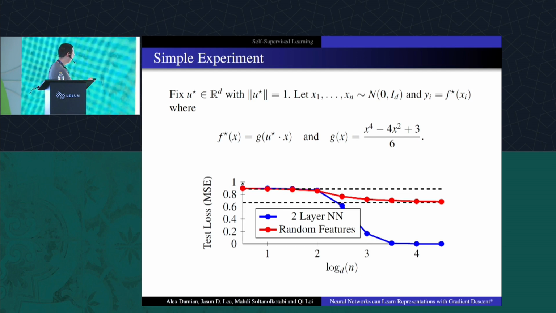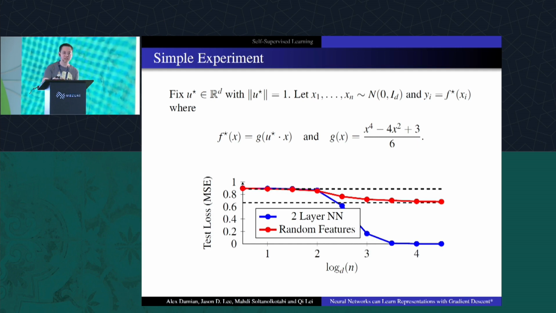So this line at around 0.7, that's the best you can do with a degree 2 polynomial. You see that g of x is degree 4. I'm in Gaussian space, so the best you can do is keep the second order Hermite expansion of g, meaning you take the dot product with the second Hermite, x squared minus 1, and keep that. And that's exactly going to give you that line slightly under 0.7. And that's exactly what the kernel method converges to.